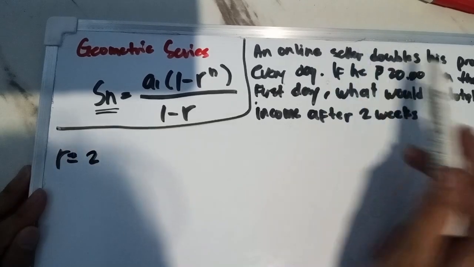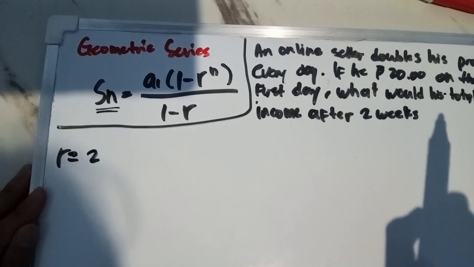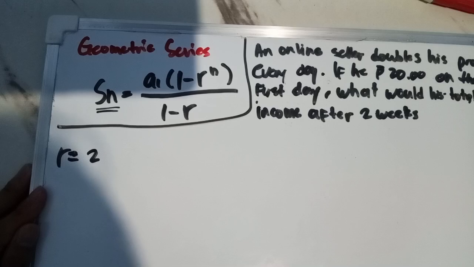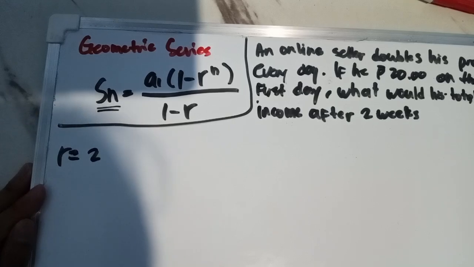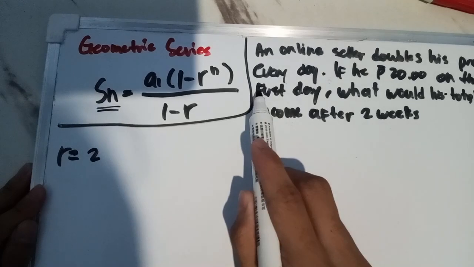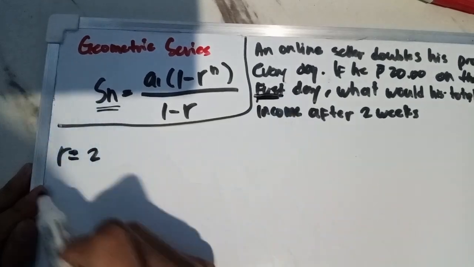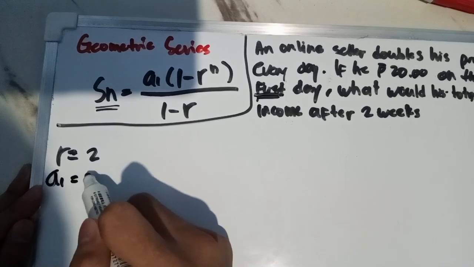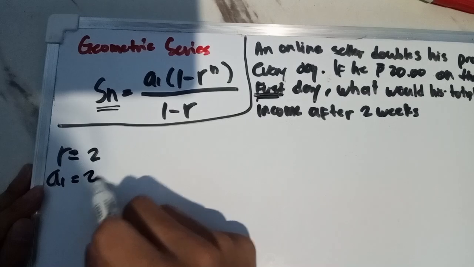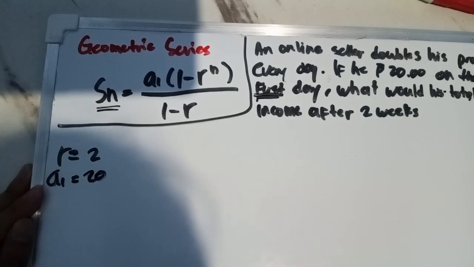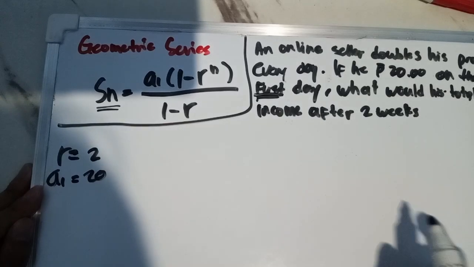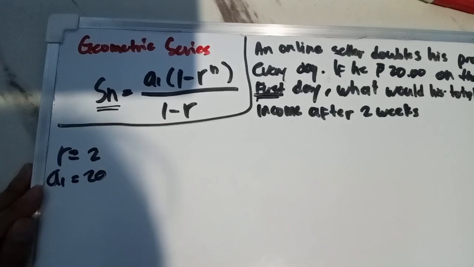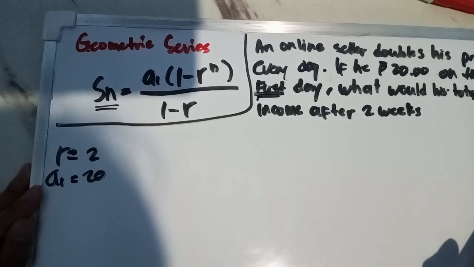If it triples, then 3. But this time it's doubles, so our common ratio is 2. If he has 20 pesos on the first day, first day is a keyword for a1, the first term. And what would be his total income after 2 weeks?